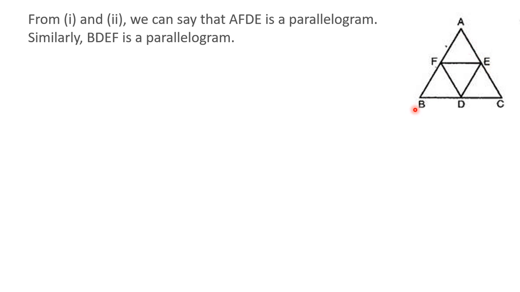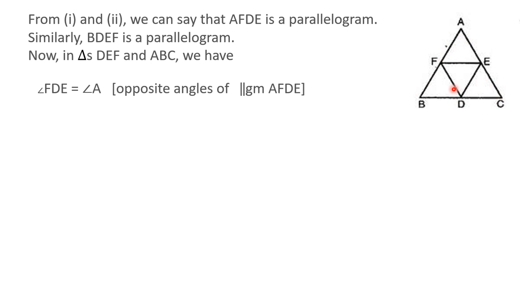So AFDE is a parallelogram, this upper one. Similarly, we can prove BDEF is also a parallelogram, and this one DCEF is also a parallelogram. Now, let's consider the two triangles. One triangle is DEF and one triangle is ABC.